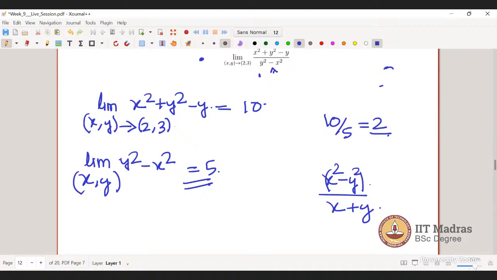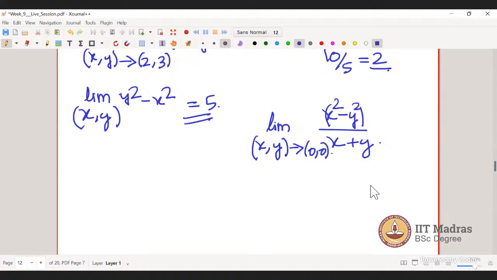Because the denominator is 0, you cannot apply. So how do you approach this?